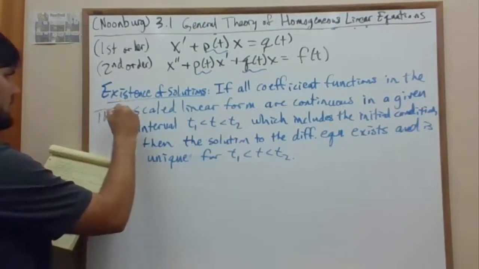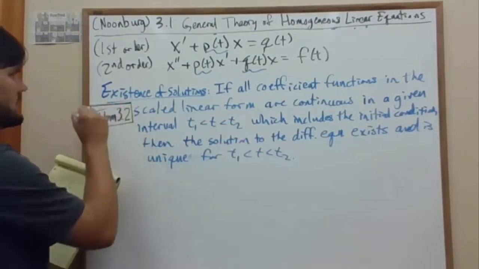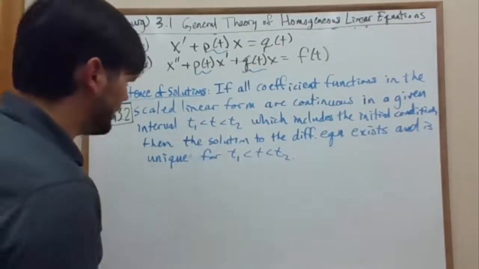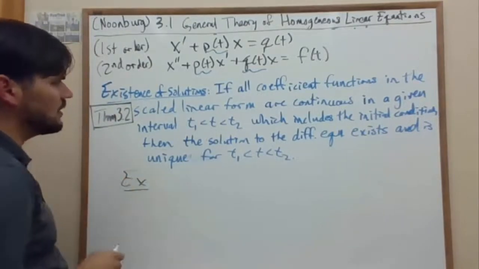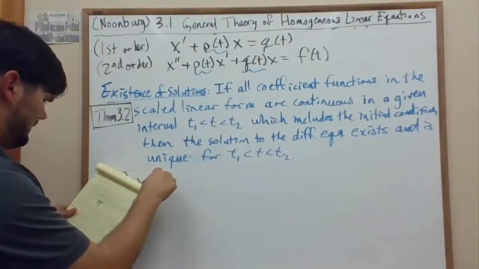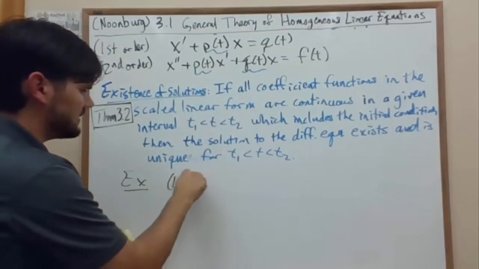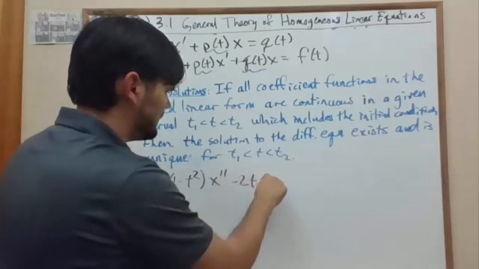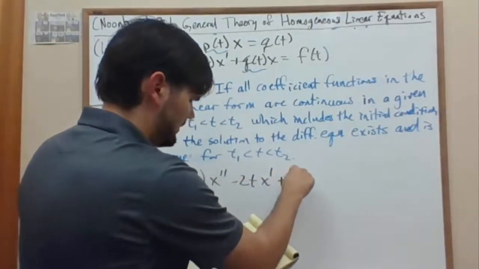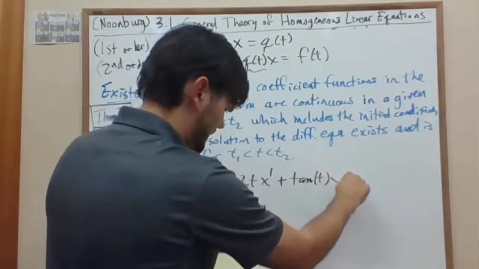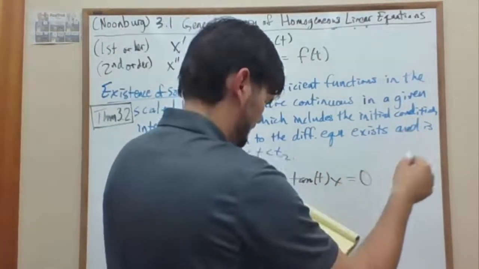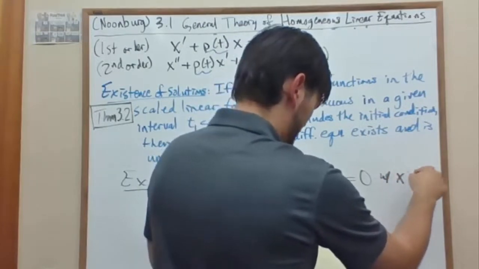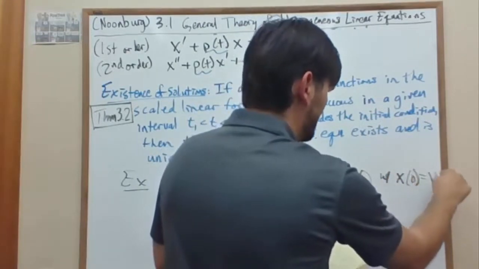The existence and uniqueness of solutions theorem. Now, a quick example of this would be something like (1 minus t squared) x double prime minus 2t x prime plus tangent of t times x equals 0, with x sub 0 equals x naught.